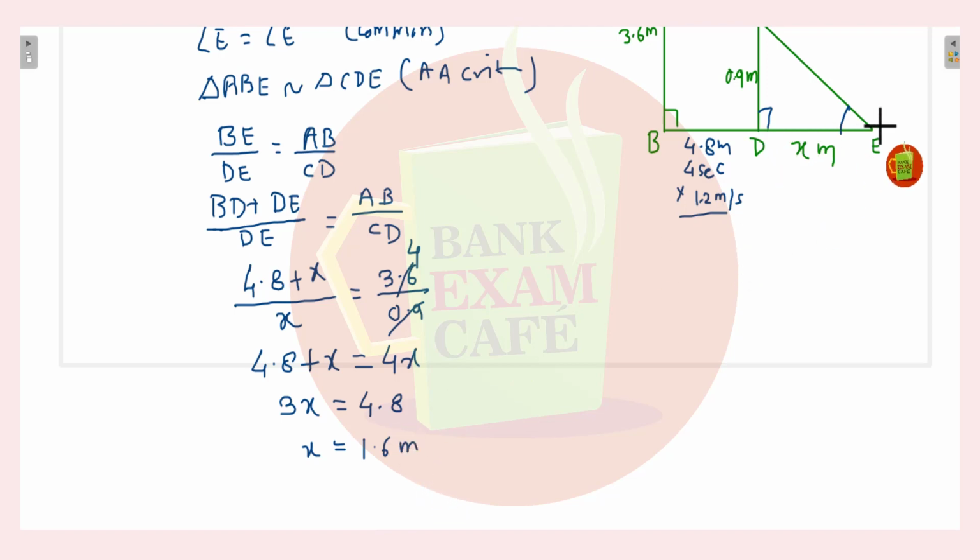And so here the shadow of the girl after 4 seconds, that is x meter, will be 1.6 meter. So friends, here we will stop.